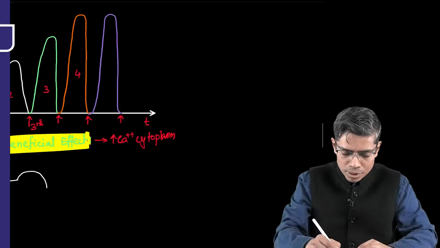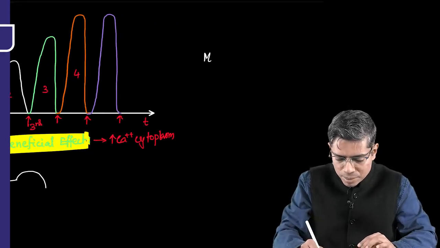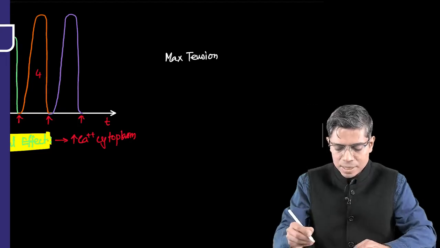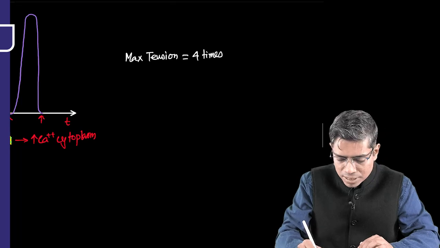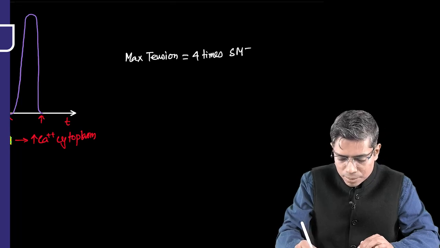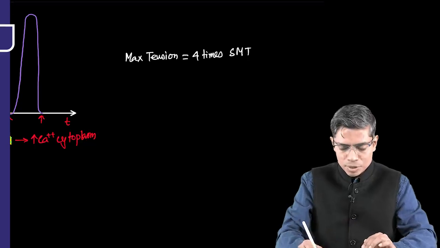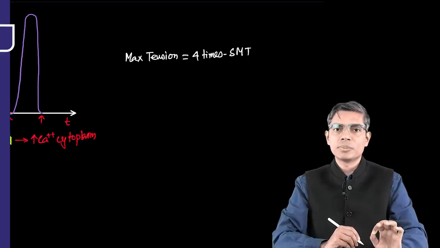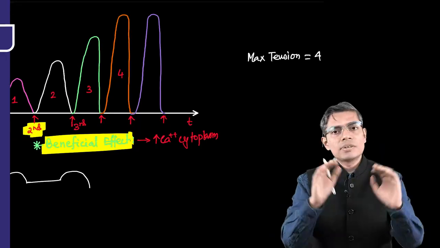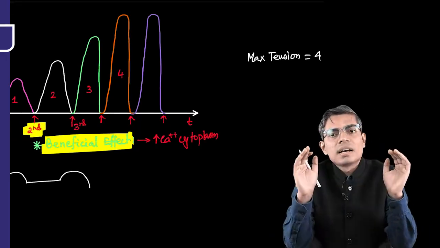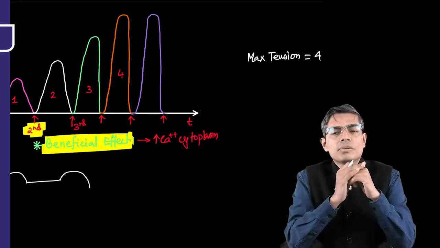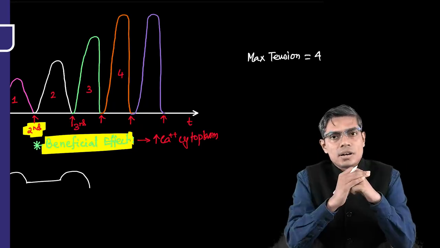If I ask you what is the maximum tension generated by this multiple stimulation, it is 4 times that of the simple muscle twitch, right? Getting my point? After that, whenever you give multiple stimuli, the height does not increase further. There will be equal height of all the contractions.